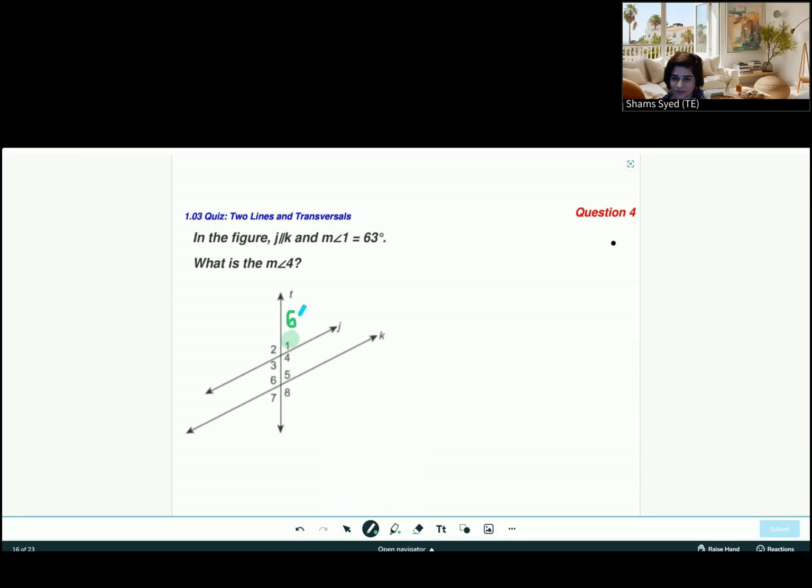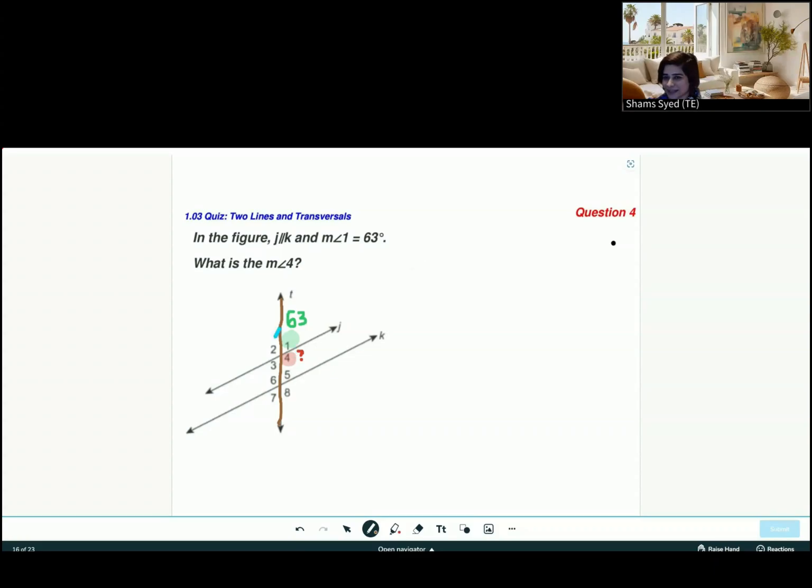Angle 1 is 63. But my task is to find angle 4, which is missing. Notice angle 1 and angle 4 lie on a straight line.